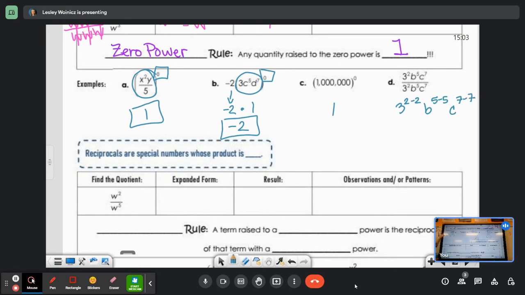Each one of these is turning into a 3 to the 0, b to the 0, c to the 0, right? Because they're canceling. And they all turn into 1. What's 1 times 1 times 1? 1.